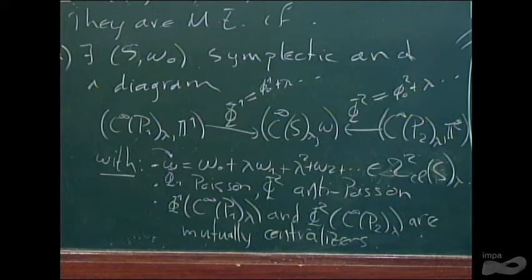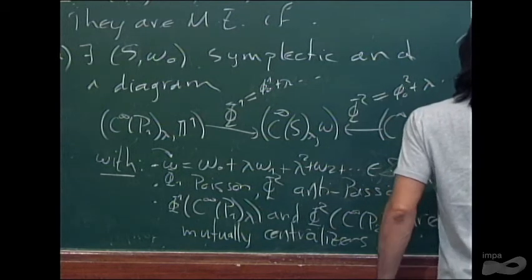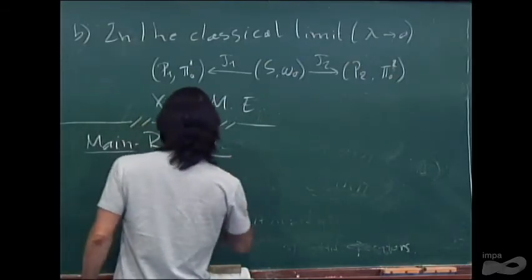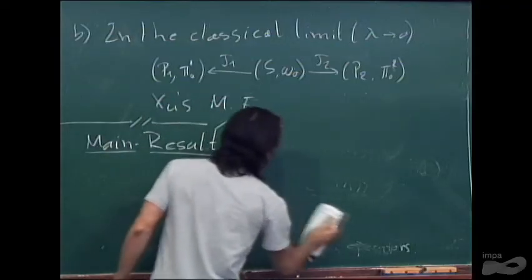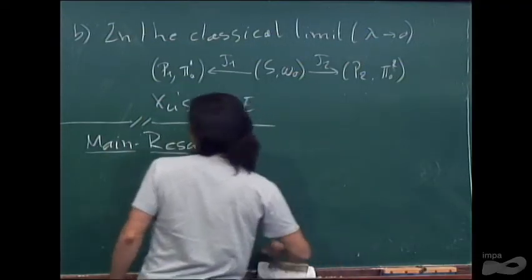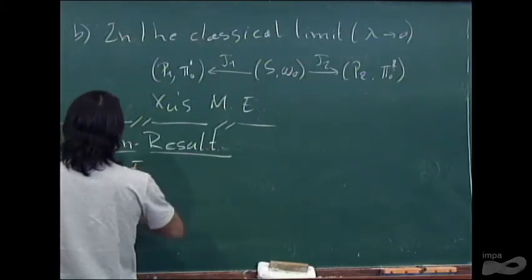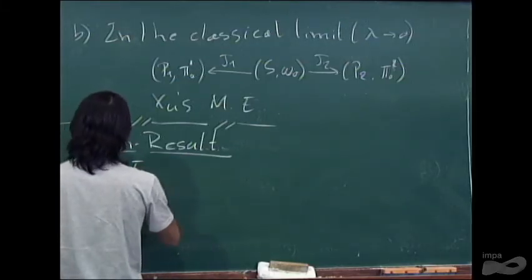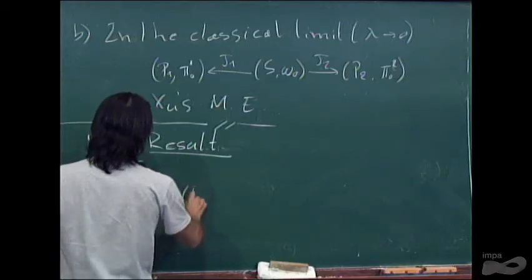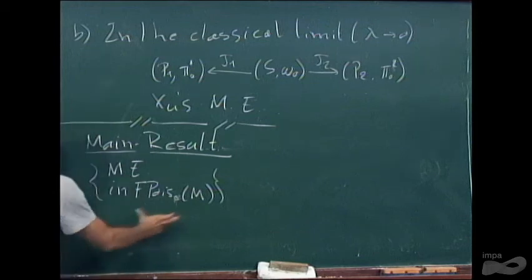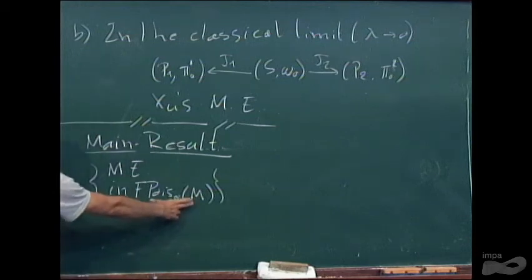Yeah, I can say that right here. So, main result, we can say as follows. Basically, Morita equivalence in this set, and here I am taking the domain of the Kontsevich map.